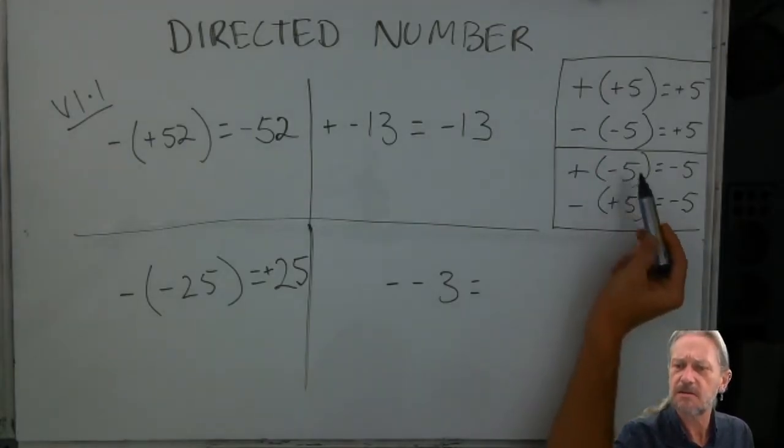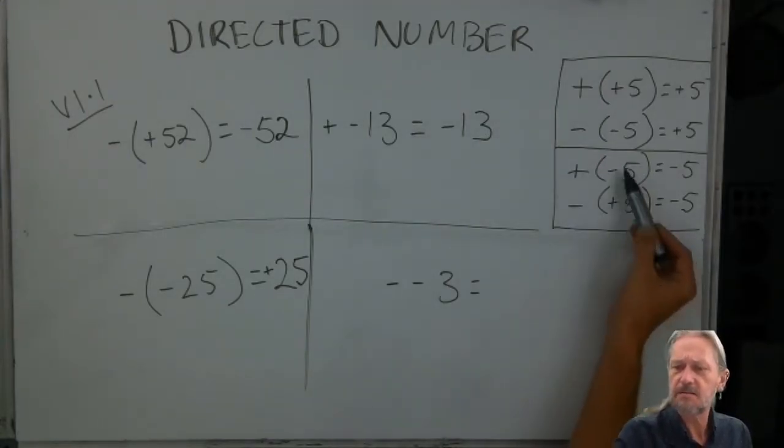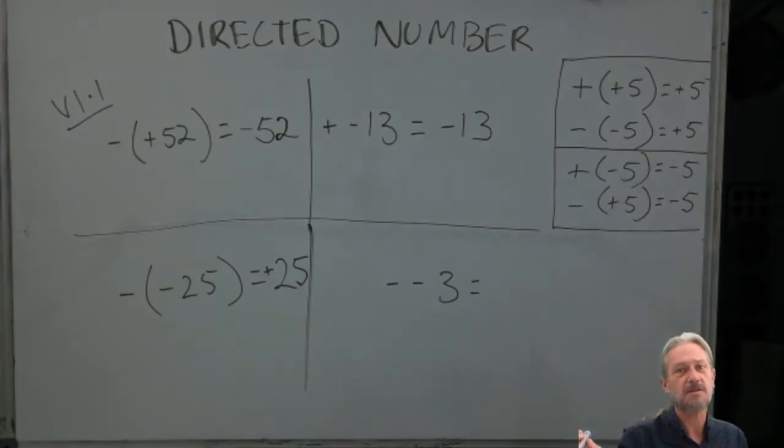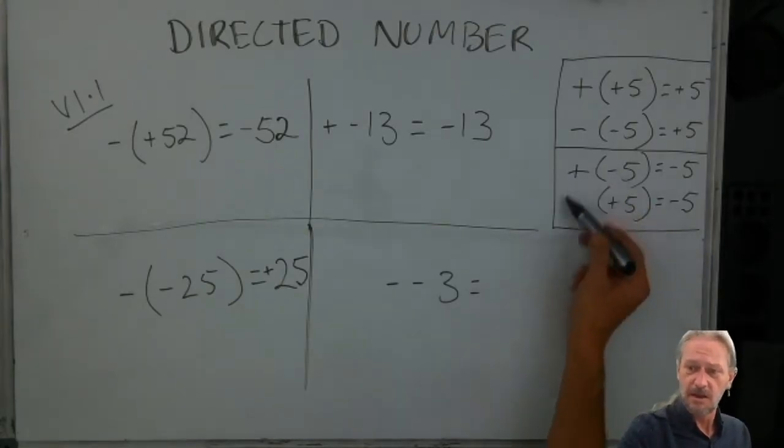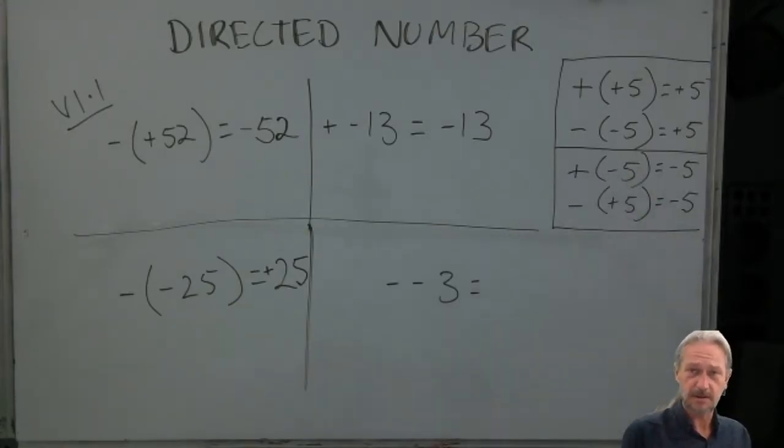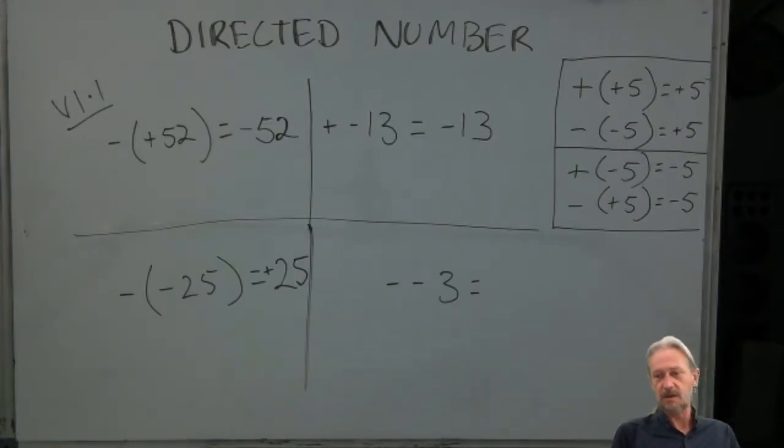And because of this case here, if we're just subtracting a positive number, sometimes you can think of it as adding a negative. These are essentially equivalent, the same. But we'll get into that in a little while.